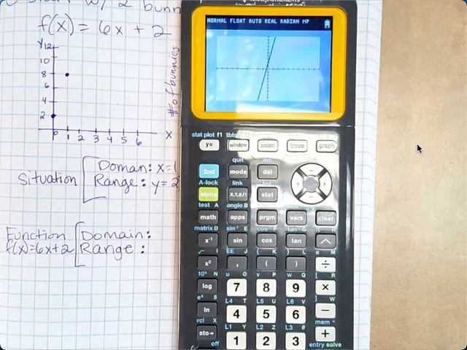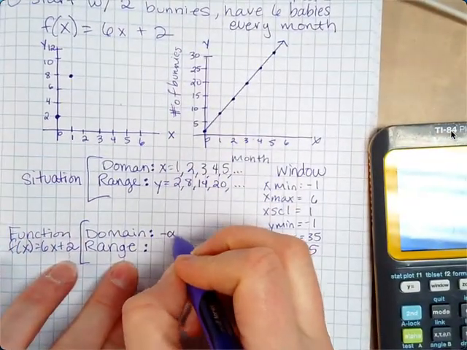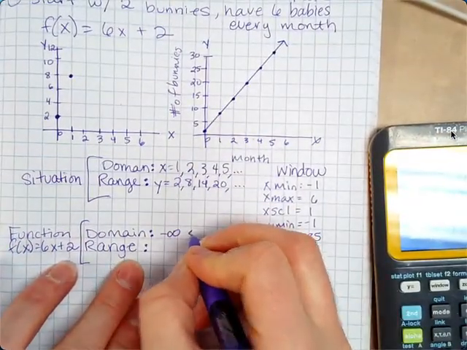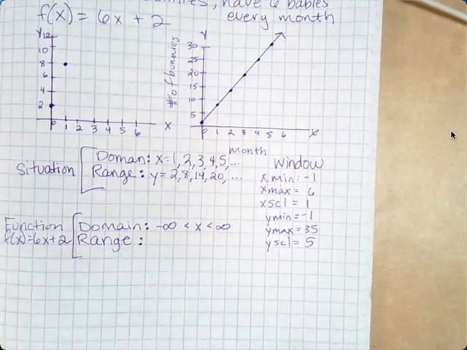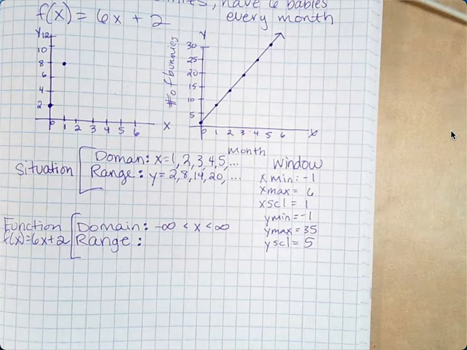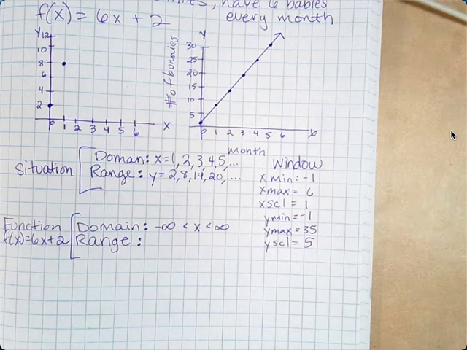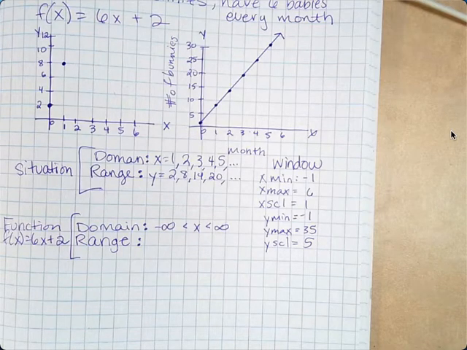From negative infinity to positive infinity. So that's what our domain is. Negative infinity is less than x is less than positive infinity. Vaguely remember that? Yeah. It's been a while. So x can be any number from negative infinity to positive infinity.